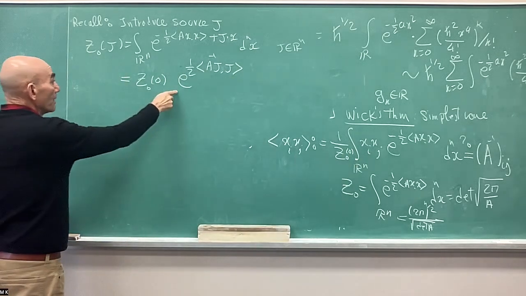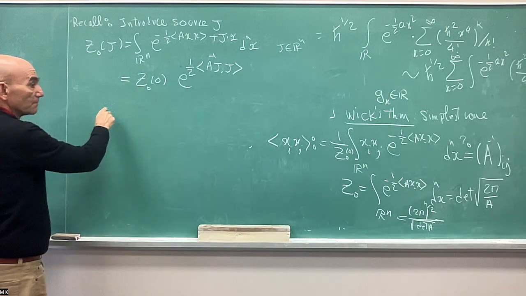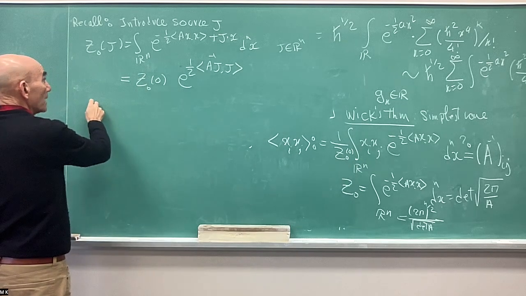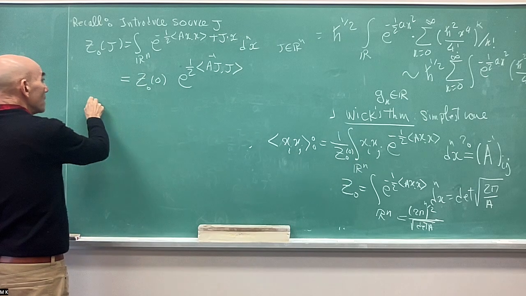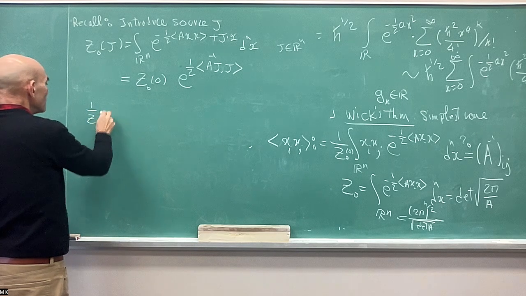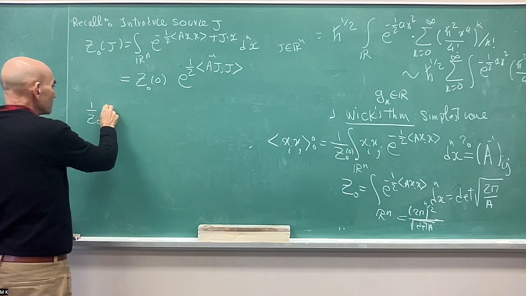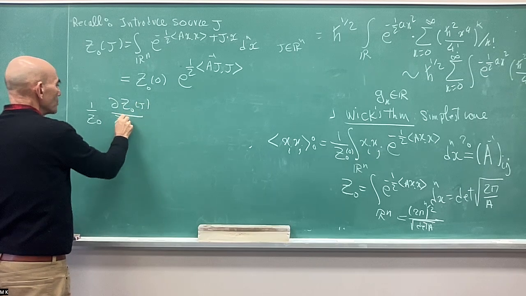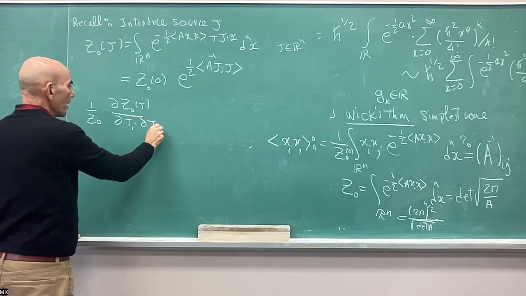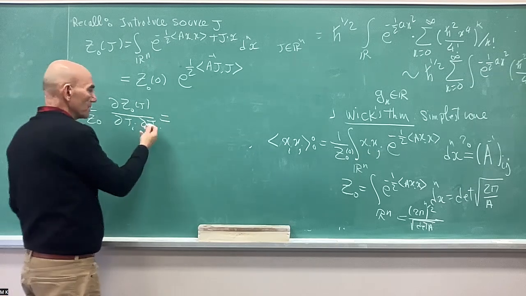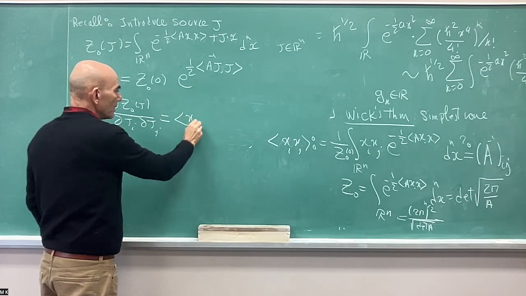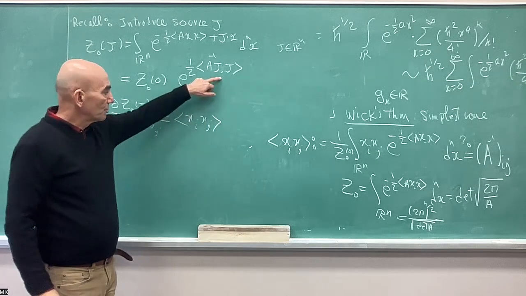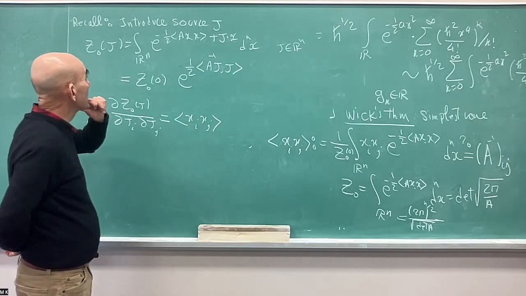Okay, so what we're trying to say is that indeed 1 over Z0 times partial derivatives with respect to J_i and J_j of Z0(J) is equal to the expectation of x_i x_j.